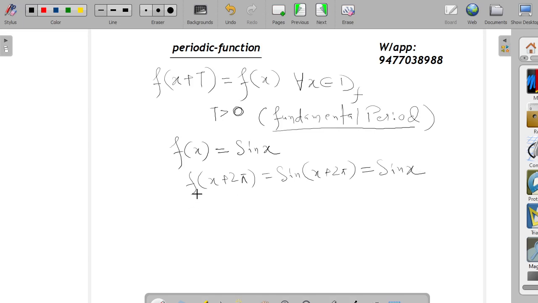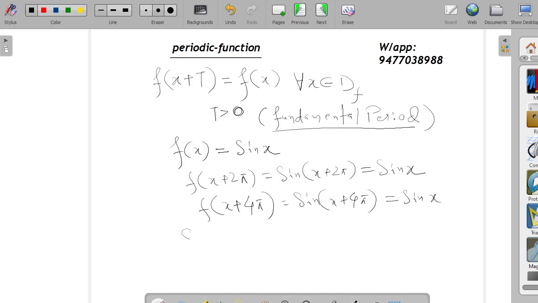Again, if we replace 2 pi by 4 pi, then also we get sine of x plus 4 pi, which is also sin x.